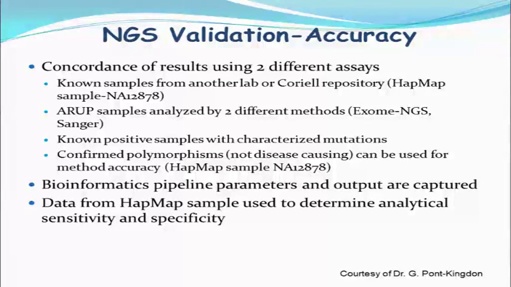The samples used for accuracy will be samples with known mutations or correlative positive samples. The HapMap sample NA12878 has been widely used for assay validation because it has been deep sequenced many times. There are HapMap results for this sample as well as array data.